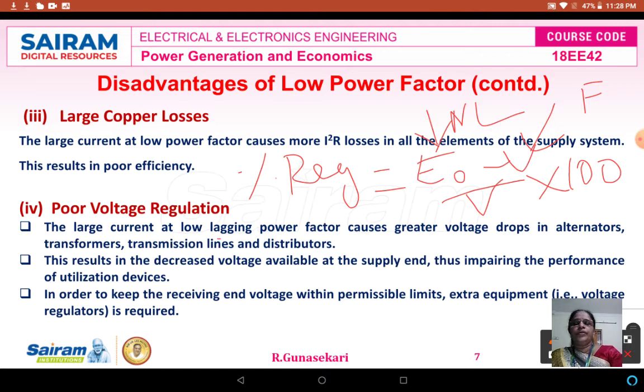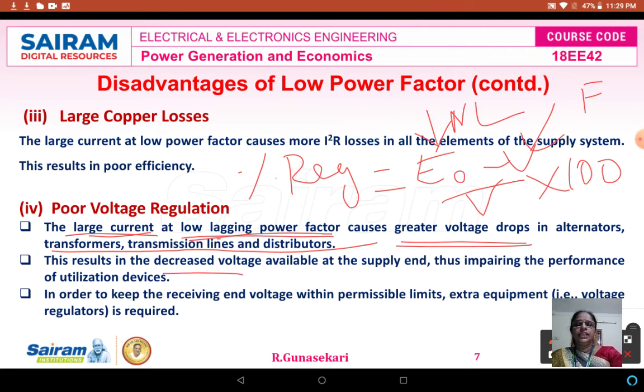So if the power factor is low, the current is high, therefore there is greater voltage drop in alternators, transformers, transmission lines, distributors. You already know this from conducting the load test in the lab experiments. If the load increases, load current increases, and the voltage drops; the same logic you can apply here. So low power factor, large current, voltage drop.